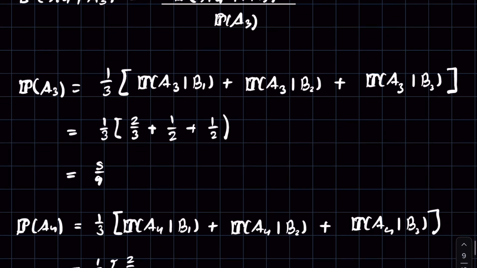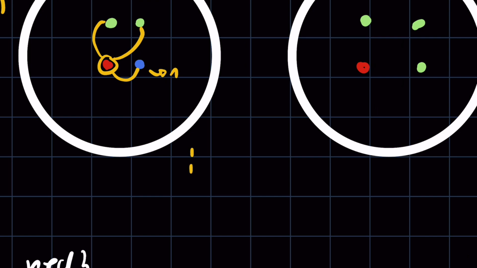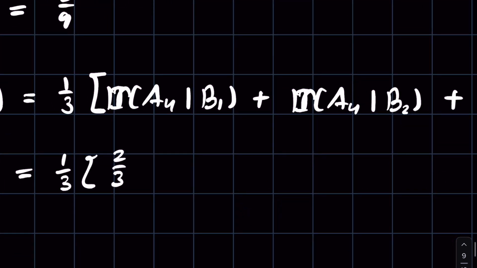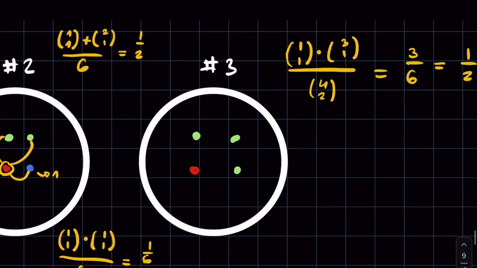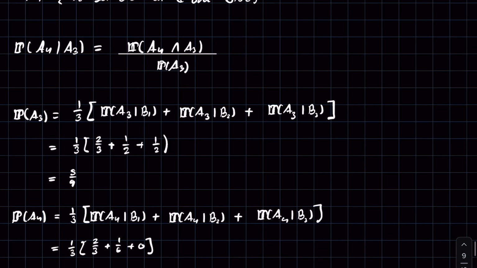Over here is 1/6 as well. Why? Because, what are the possibilities of getting one red ball times one blue ball, and one blue ball? What are the probabilities in all the cases? 1/6. So we do 1/6 plus, and for the last one, we have no blue ball, so it has to be 0. So at the end, we get 5/18, right?